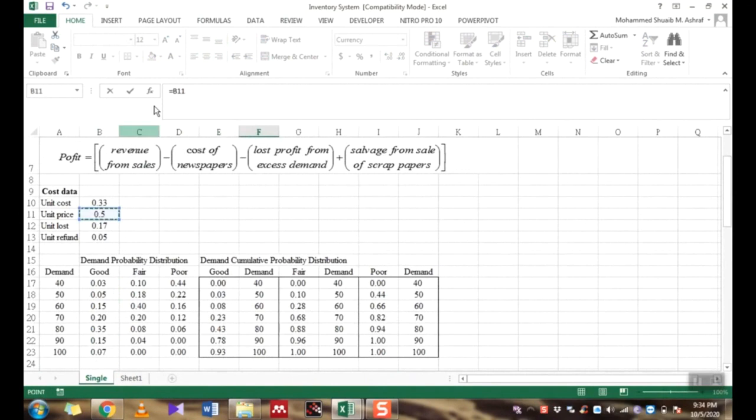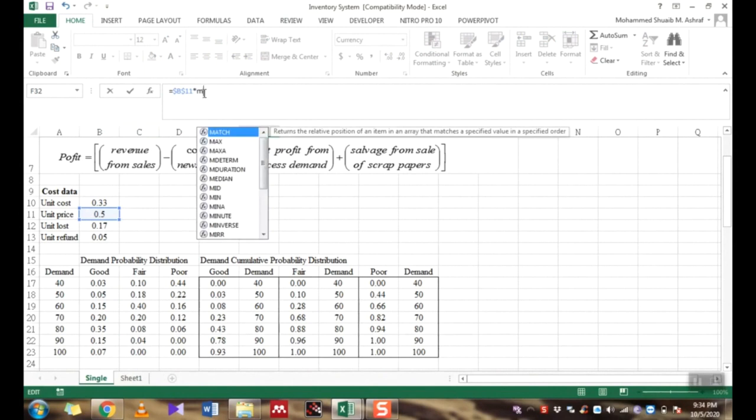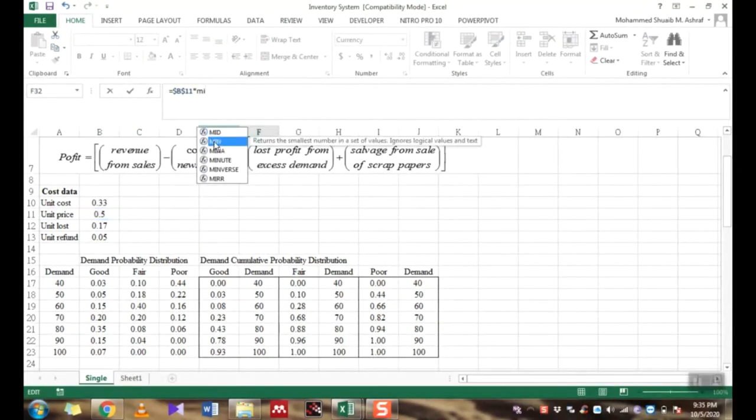the selling price, because we have to fix this cell, multiplied by, we will use the min function. Minimum function. Okay, we will pass two values.